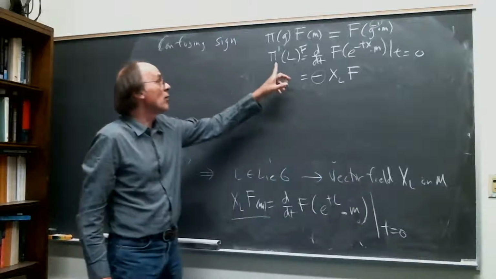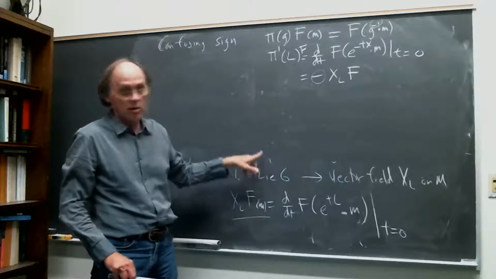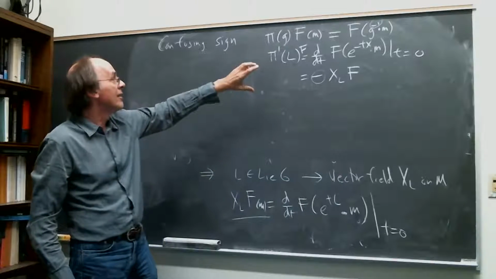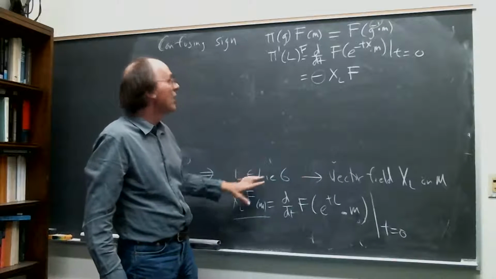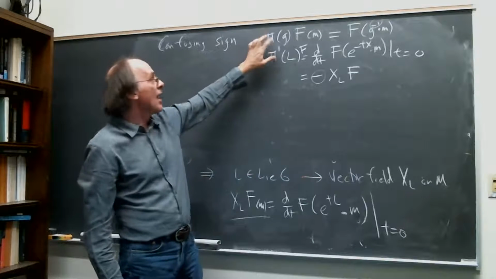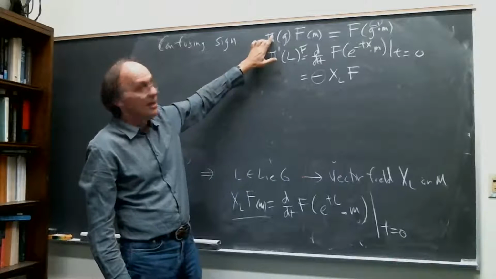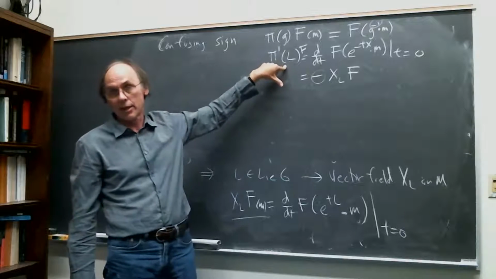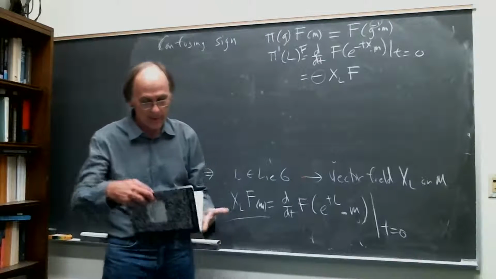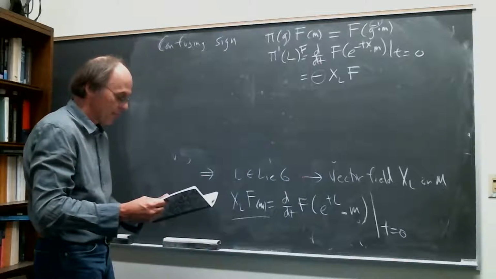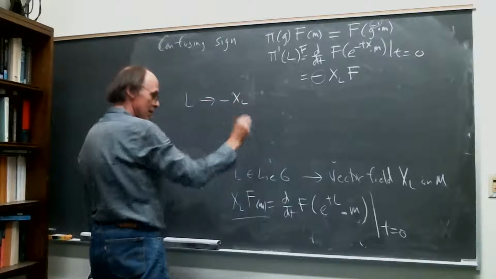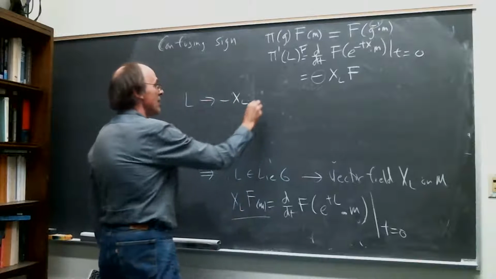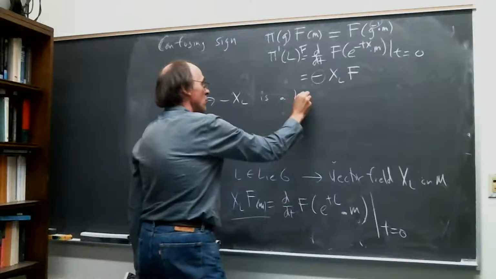But if you want this to be a Lie algebra homomorphism, you want to think of it as coming from this representation, because then these automatically give you a Lie algebra homomorphism. So L goes to minus X_L, where X_L is defined this way, is a Lie algebra homomorphism.